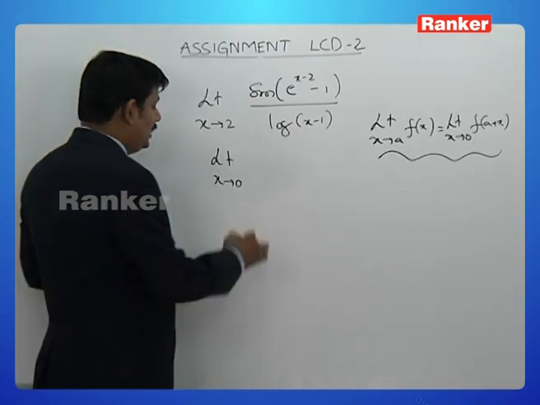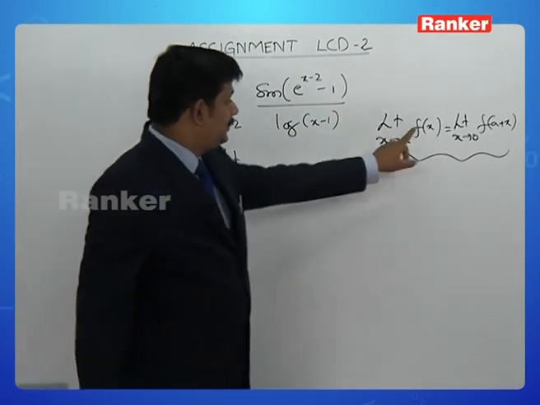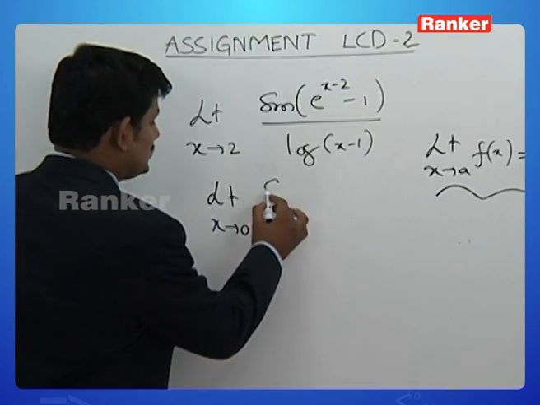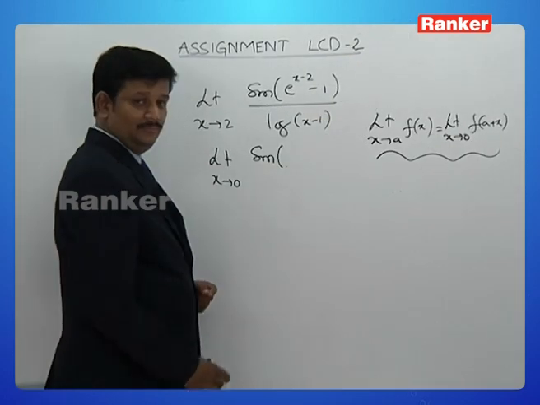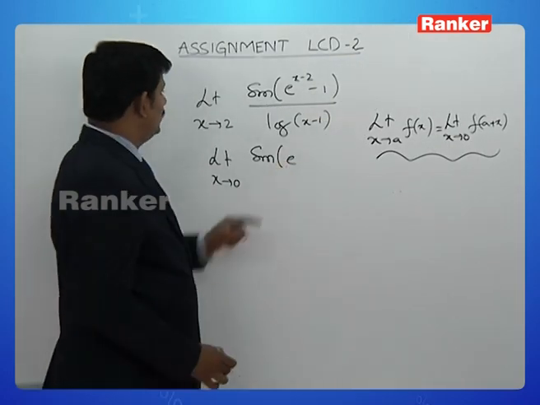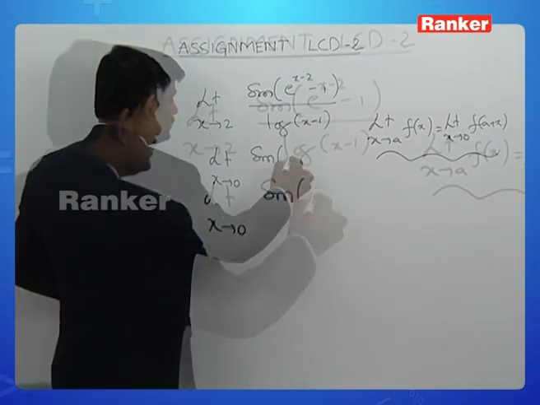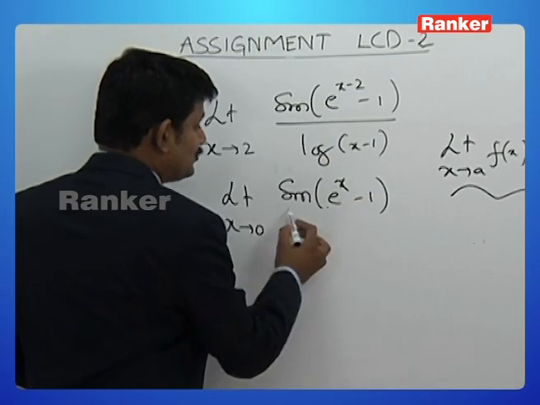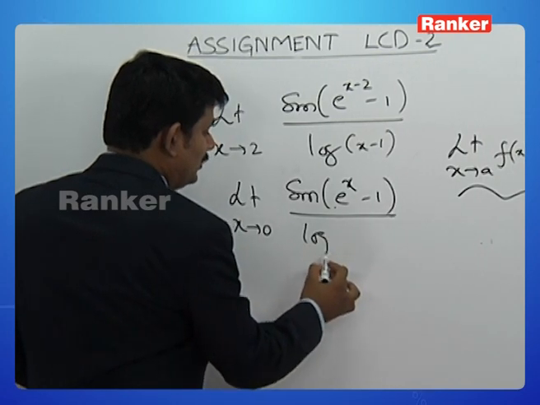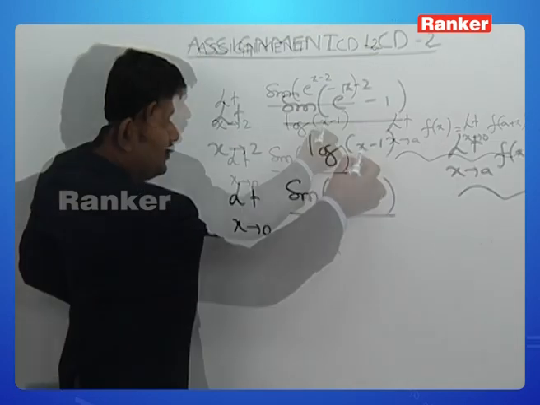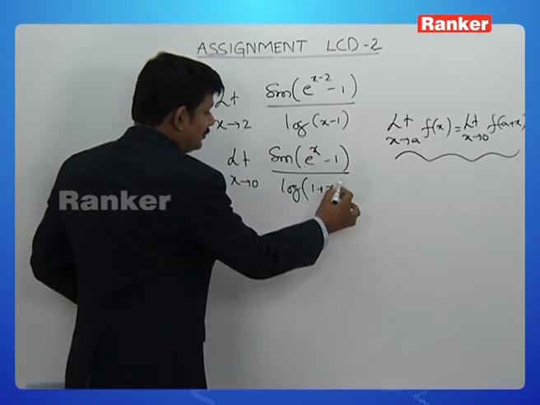This will be the limit as x tends to 0, replace x with a + x, sin(e^x - 1) divided by log(1 + x). Replacing x with x + 2, the 2 and 2 get cancelled, we have e^x - 1, and x + 2 - 1 is 1 + x.